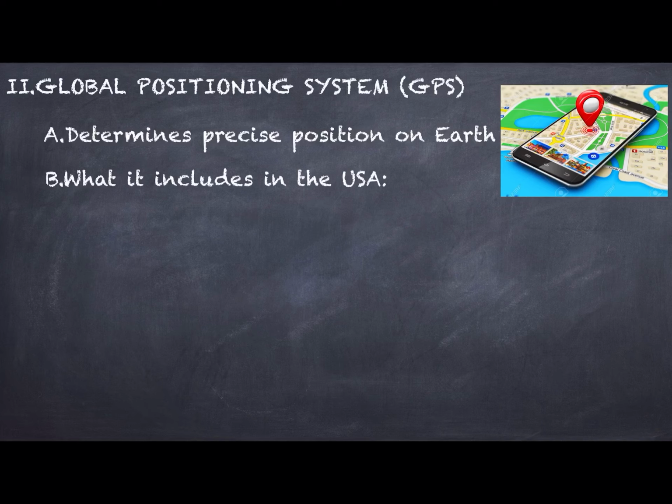Now, the one thing that you might not know about GPS is how it works. In the United States, it includes a couple of things, okay? In the United States of America, dealing with GPS, there are 12 satellites that are in predetermined orbits. So there are 12 satellites up above Earth, looking down upon and working to find precise positions of things on Earth.